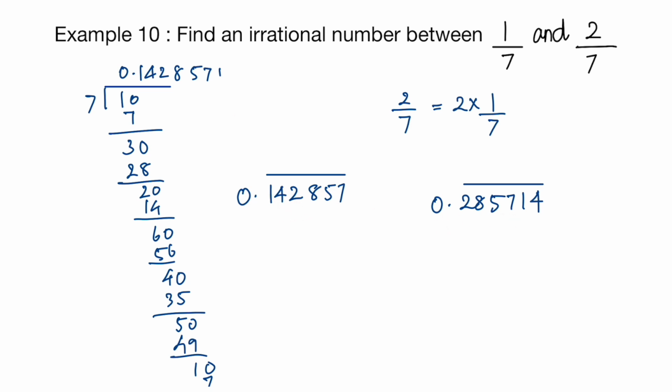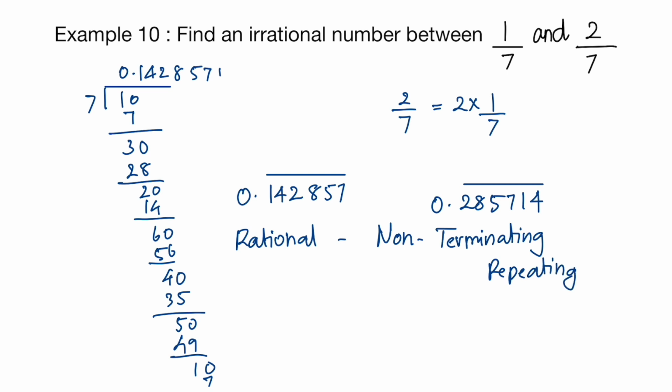We have two values and these are non-terminating but repeating values and these are rational. So rational numbers, if they are non-terminating, they are in fact repeating.